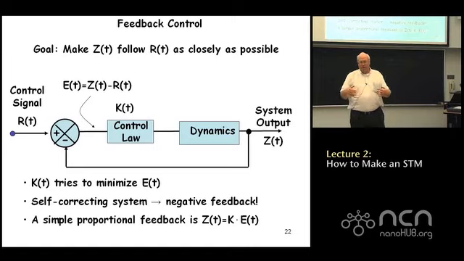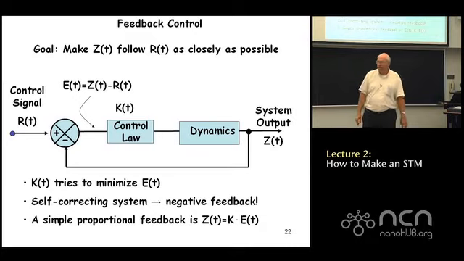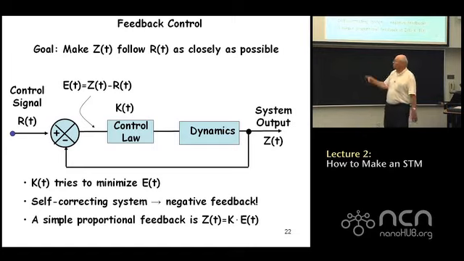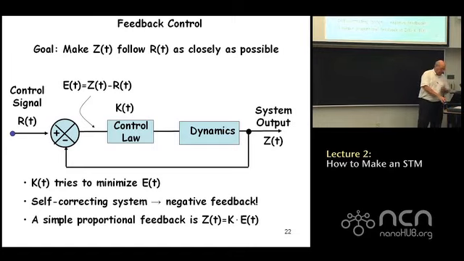I think mechanical engineers and electrical engineers think about feedback circuits a lot more than physicists or chemists. But the dynamics of this feedback circuit control a lot of the resolution and performance of a scanning tunneling microscope, and it's important to optimize this feedback loop. So more about that later.